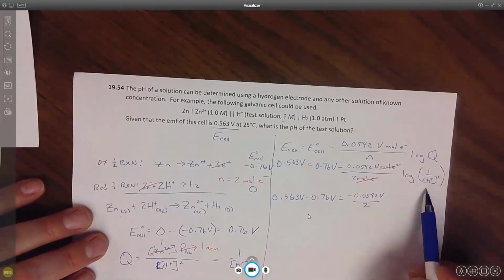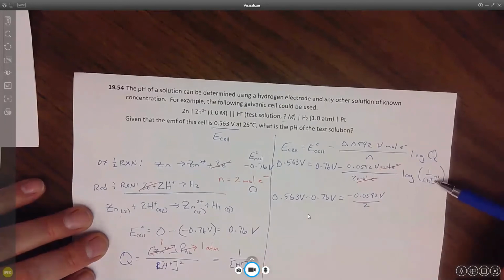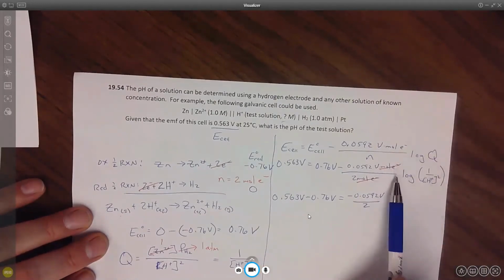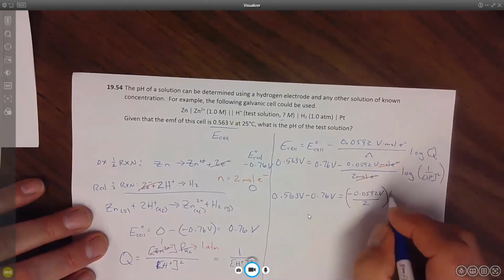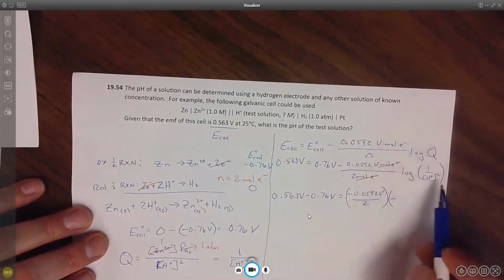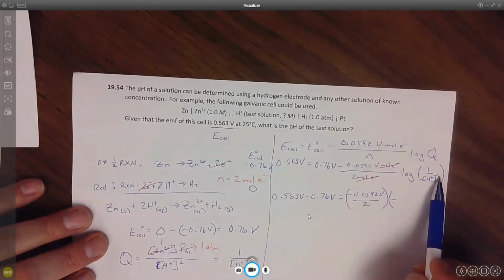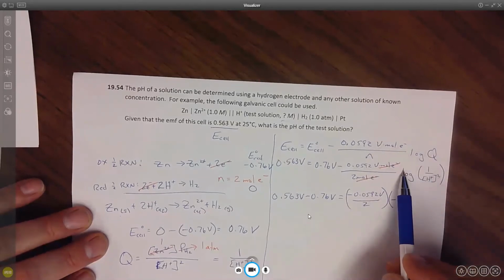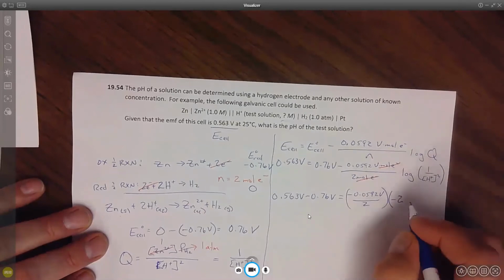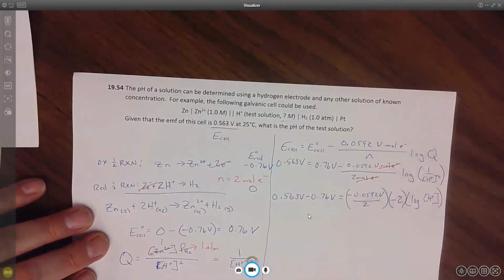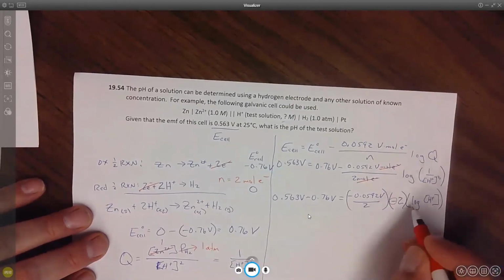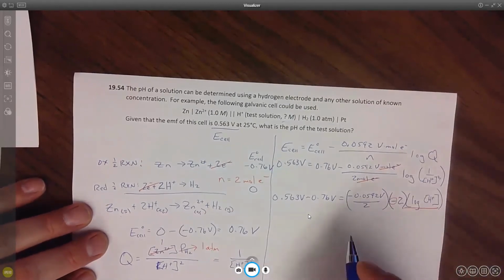Now I'm going to do 2 things. First, I'm going to flip this. That simply means this is now going to be a negative value. And I'm also going to bring this in front, so that's going to be 2 times the log of H plus. But of course, the negative log of H plus is the pH.